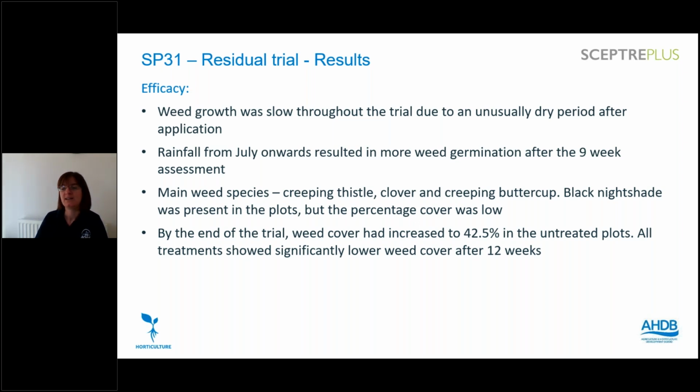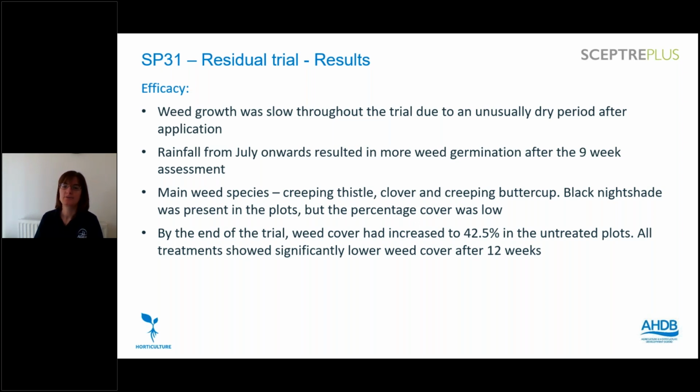In terms of the main weed species in the trial, generally it was mainly creeping thistle, clover and creeping buttercup. Now, we were hoping that there was going to be black nightshade. There was black nightshade present throughout the plots, but the general percentage cover was quite low. So trying to pick up on the differences between the products and their efficacy on the black nightshade was a little bit tricky within this trial, which is slightly unfortunate.